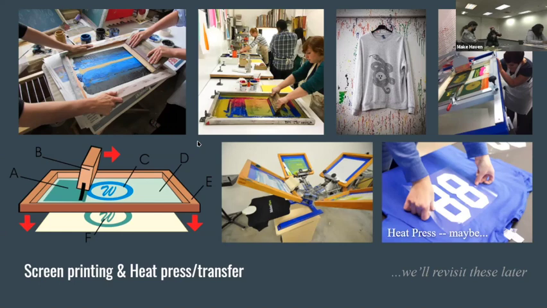I don't think it's a UV light, but it's definitely a high powered light. Then you wash the screen. Anything that didn't get hit with the light will come out, which means you now have a stencil that you can push ink through, ink or paint, depending on what you're using. And that will transfer onto the t-shirt. That's one way to do it.